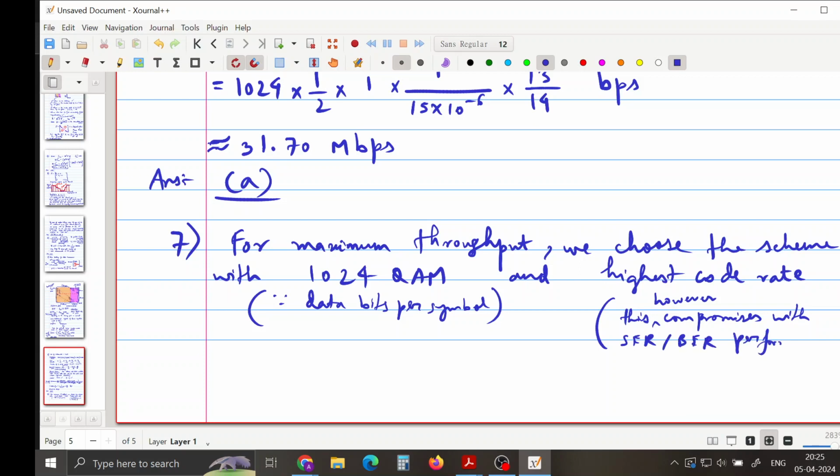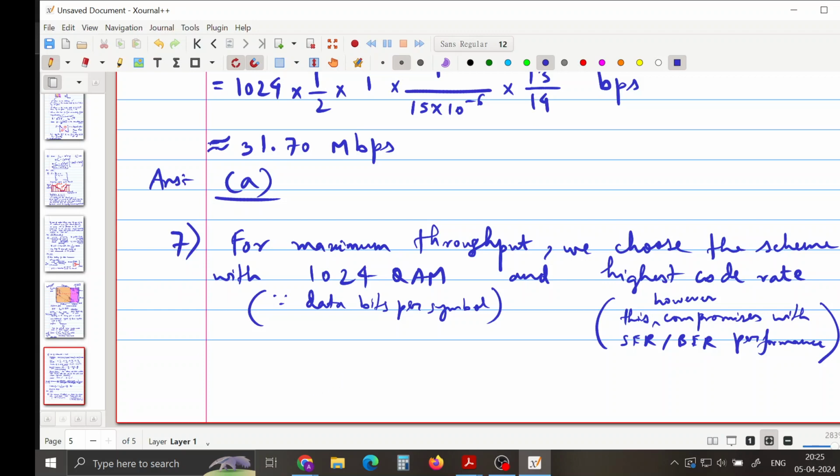So there's a trade-off, which is straightforward. So what are the choices that you are making now?